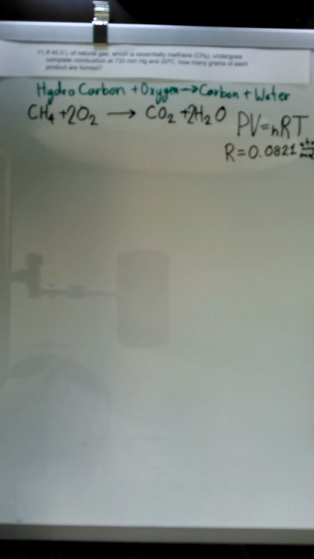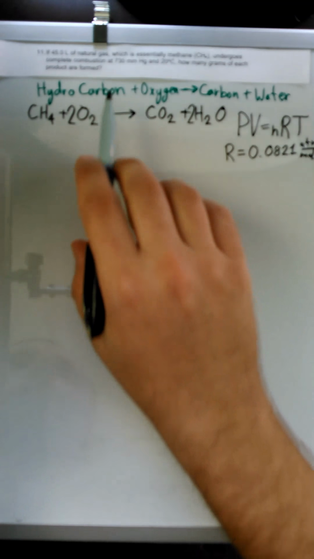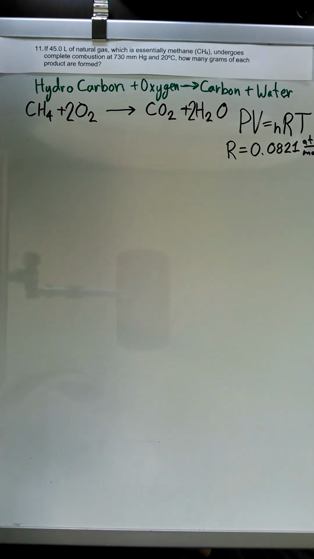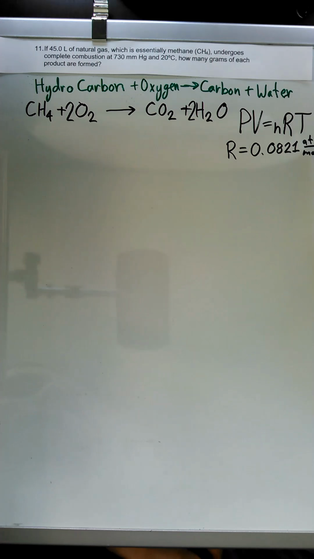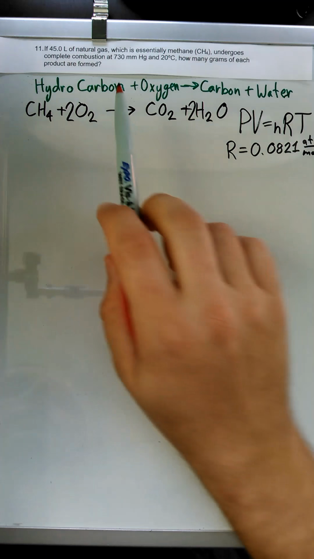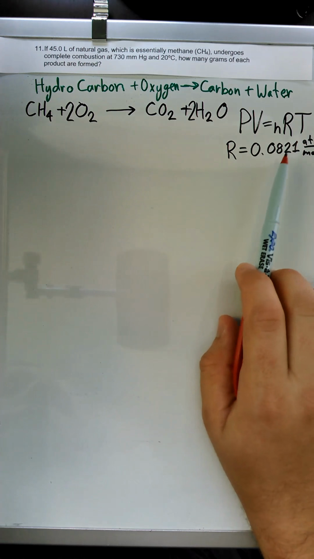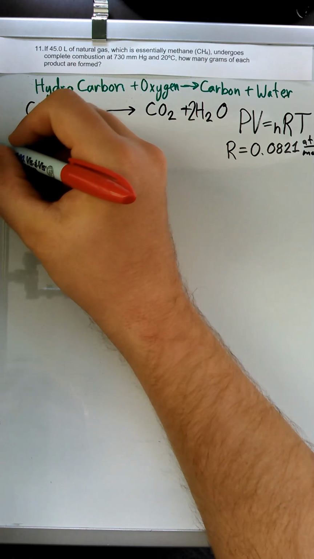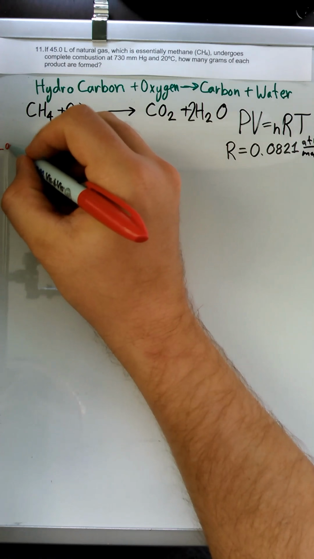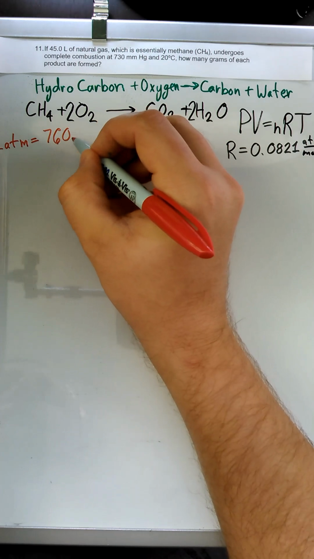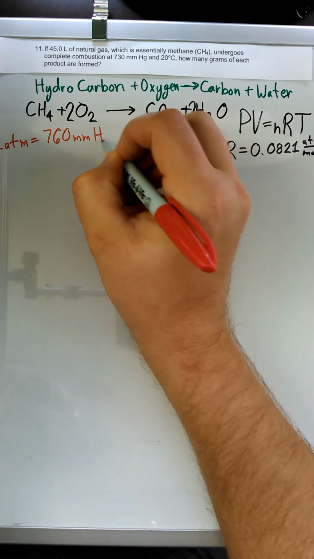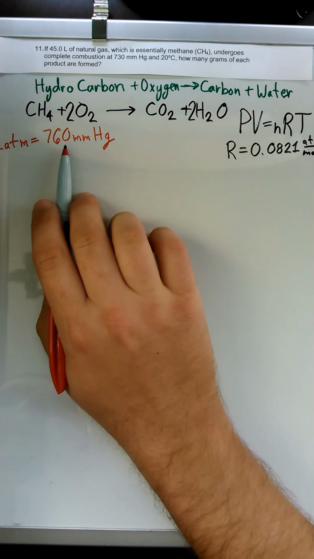We're given a pressure in millimeters of mercury. Now this is important. Notice our constant R has units of atmospheres for pressure. So we need to convert our pressure given in millimeters of mercury to atmospheres. We can do that by knowing 1 atmosphere is equivalent to 760 millimeters of mercury. This is our conversion factor.